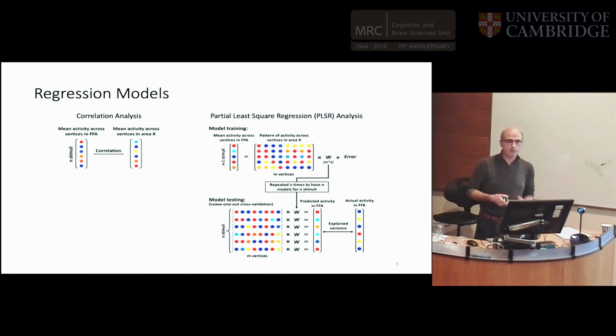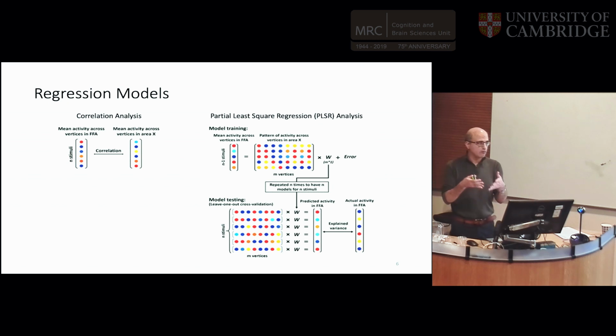So why do we use partial least squares regression? The reason is that, as you know, one of the common problems in regression analysis is the collinearity problem. For example, here, the vertices are not fully independent, so the activity in the vertices is highly correlated, especially within one area.